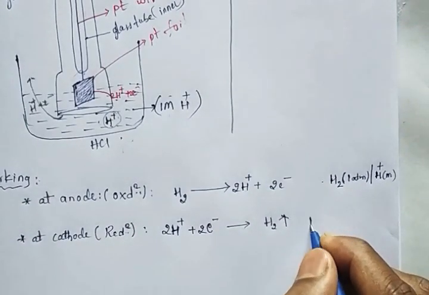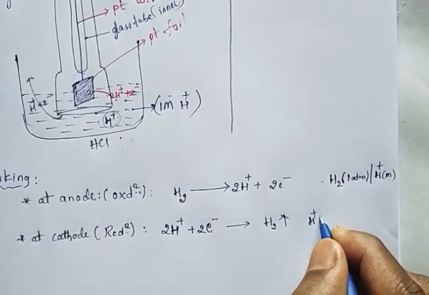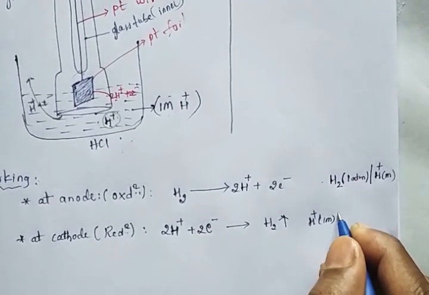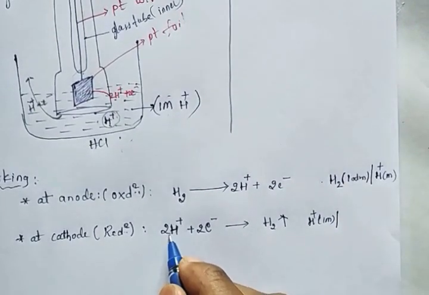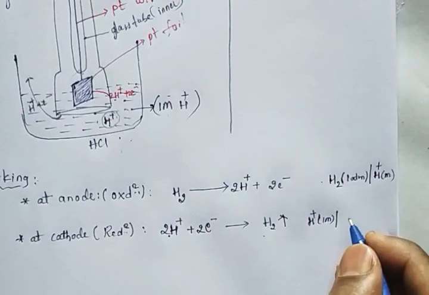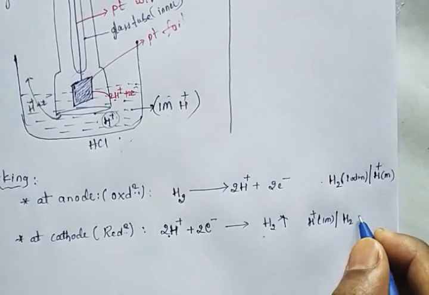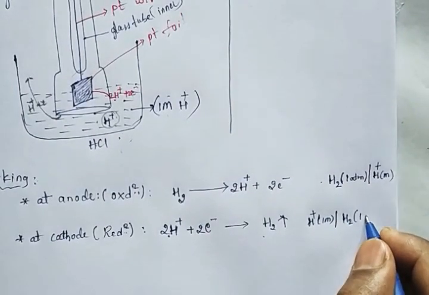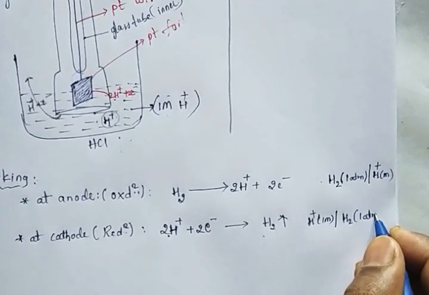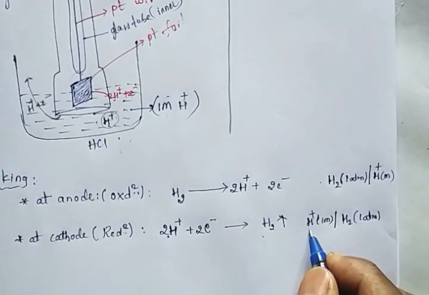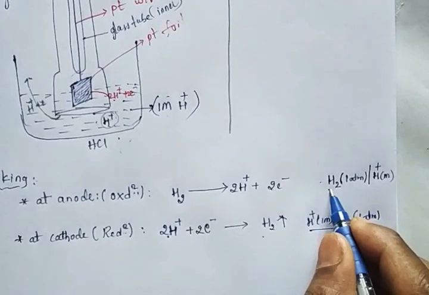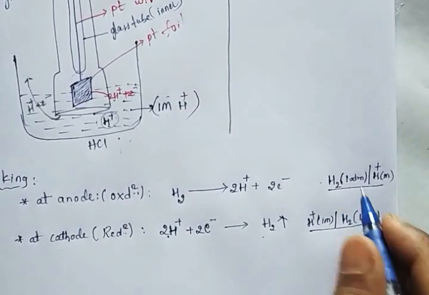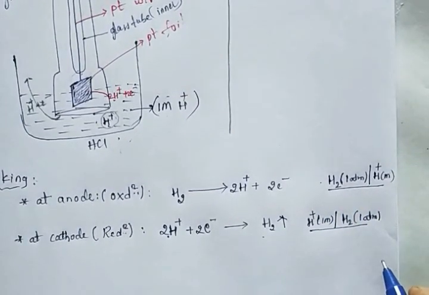Similarly, H+ ion 1 molar concentration slash, first H+ ion से बाद में H2 gas है, either 1 atmosphere or you can write 1 bar. So this is cathode half cell and this is anode half cell.